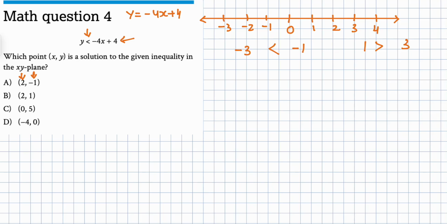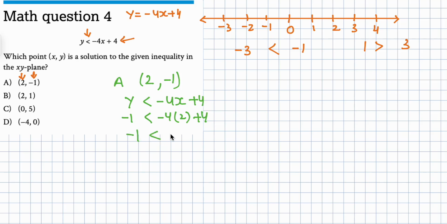So we check this way which number is greater and which is smaller. That's the concept. Now let's come to the question. Our A option is 2 and negative 1. And what is our inequality? y is less than negative 4x plus 4. It should satisfy this. So let's plug x as 2 and y as negative 1, and see if it's right or wrong. Negative 1 is less than negative 4 times 2 plus 4.